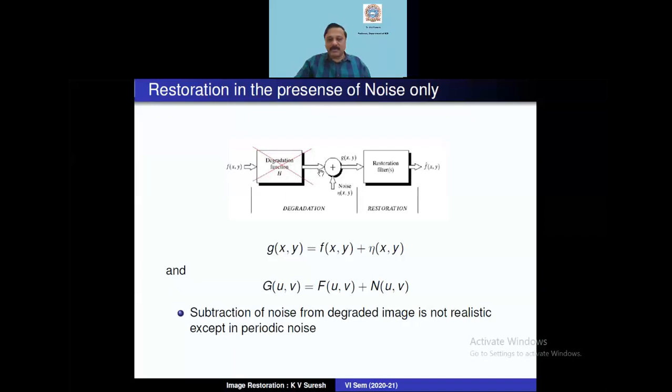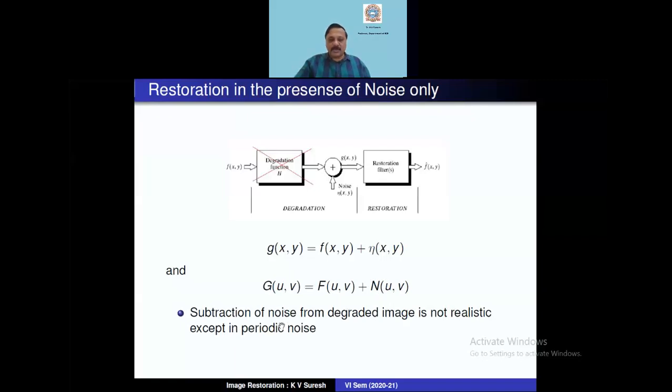So f convolved with delta is f, plus noise, I'll get g. So I have a noisy image here. If I go to the frequency domain, it is this, even though this is not actually true because you cannot expect a Fourier transform of a random signal. Just mathematically, this is what it means.